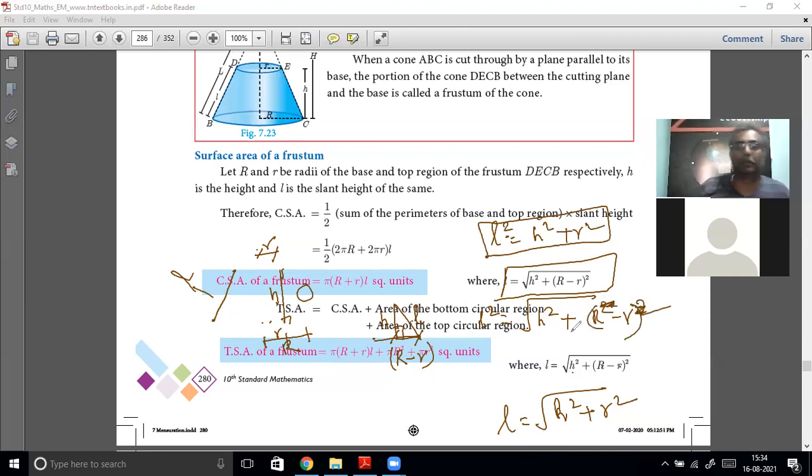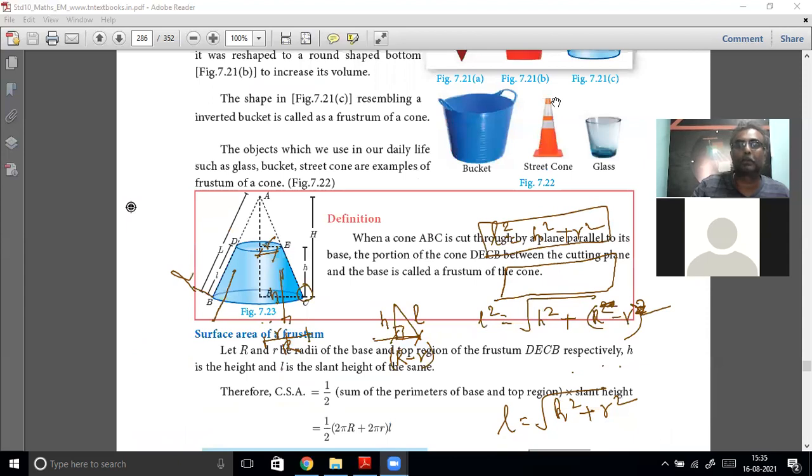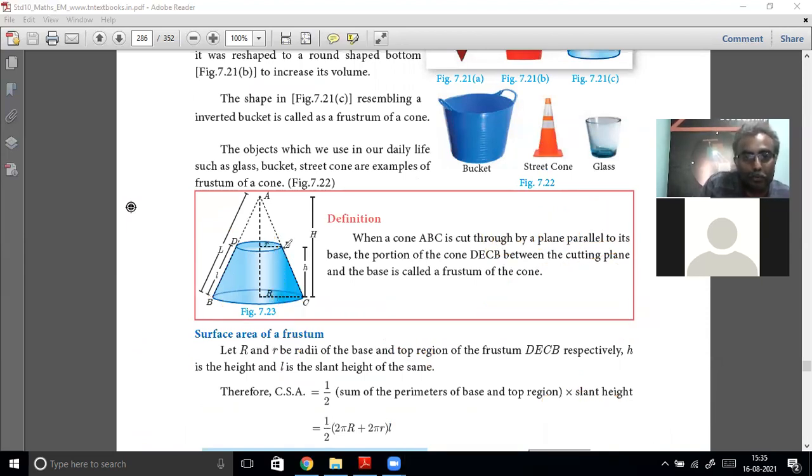Now, how do you arrive at that? First thing you should know: from here you are dropping a straight line. This line is H, the height.